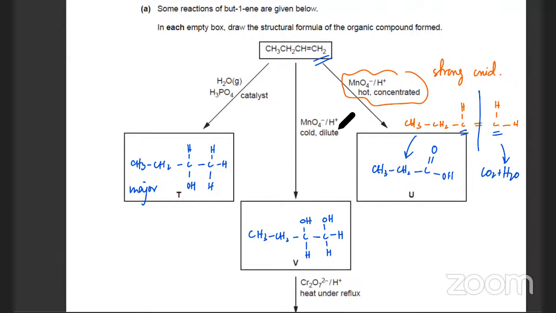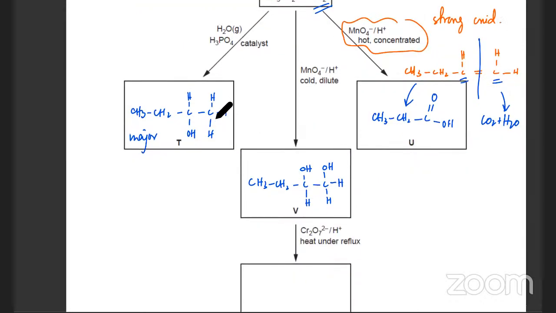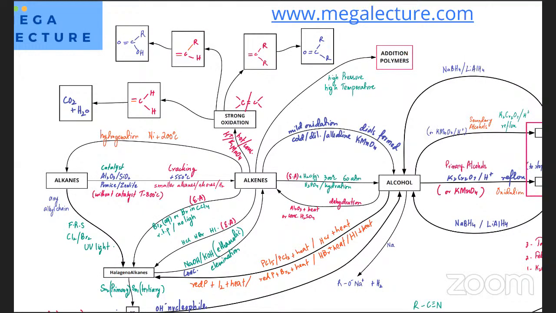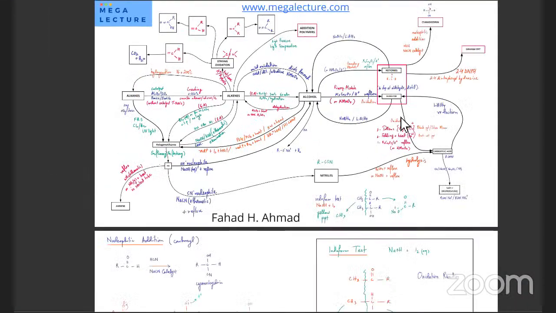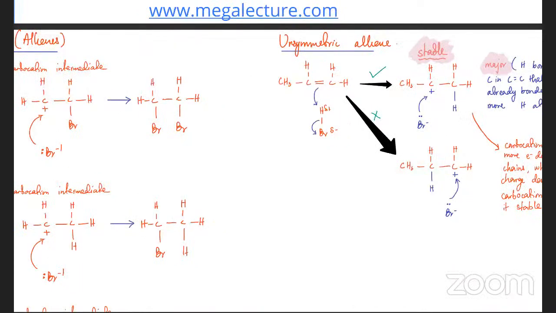Now, Markovnikov's rule states that the H likes to get bonded to the carbon that's already bonded to more H atoms. So remember this, and you should know the reason for it as well.